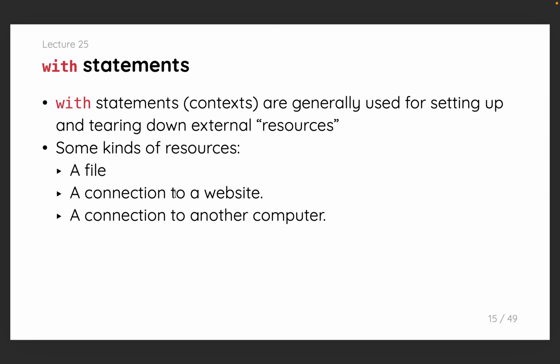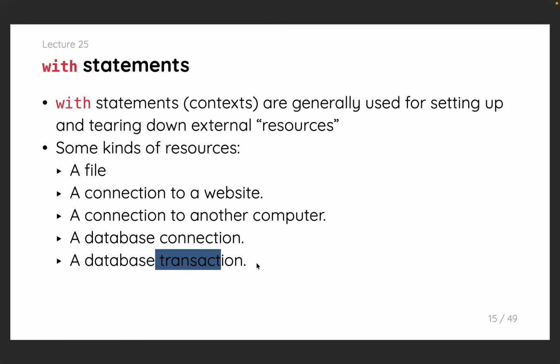Aside from websites, you can also establish connections with other computers. That's another kind of resource. What else? A database connection, as well as transactions. For those in CS, you'll see this in CS 165.